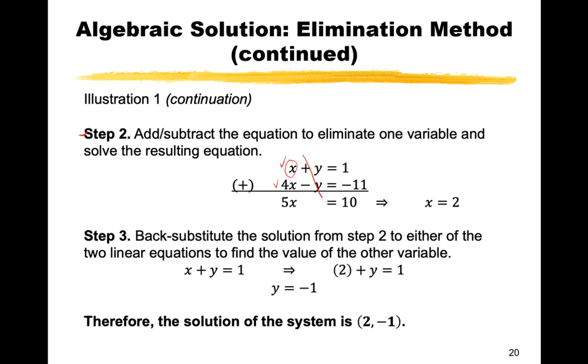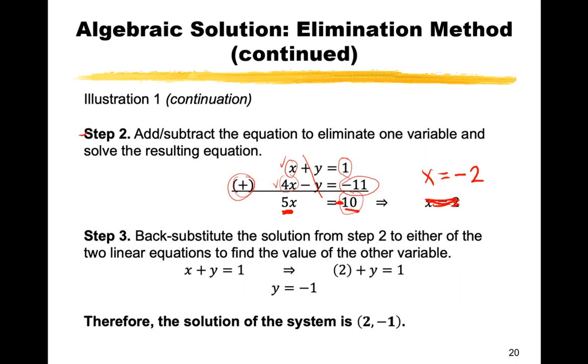So x plus 4x will give you 5x. Then 1 plus negative 11 will give you, actually this should be negative 10. I apologize for the error. This answer should be negative 10. If 5x is equal to negative 10, using the rules of algebra, the value of x is negative 2.